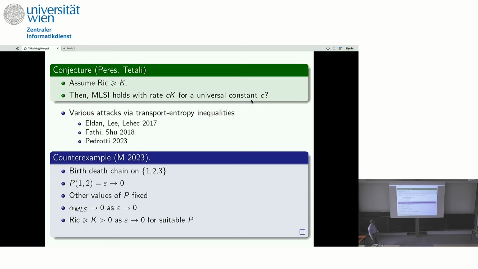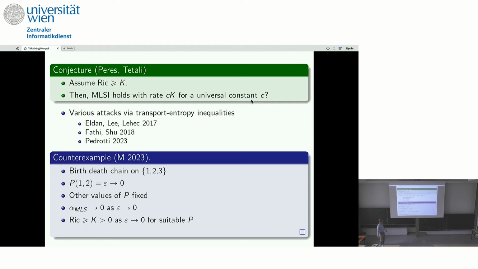And the counterexample is very easy. You just have 3 states. I'm going to draw it here. And what you do is you have some jump rate in this direction, and you make this jump rate over here very small and keep all other jump rates fixed.